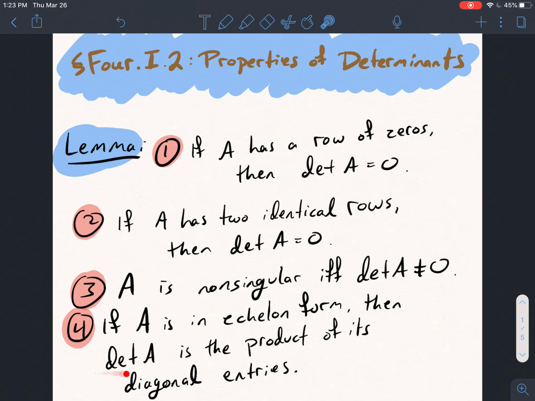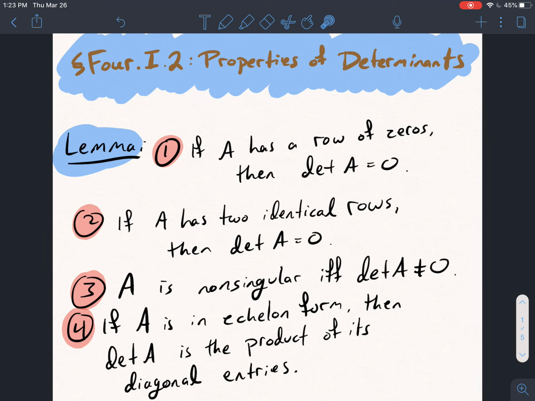And part 4, the last part, says that if A is in echelon form, then the determinant is the product of its diagonal entries. So this is also really, really useful, especially in computations.